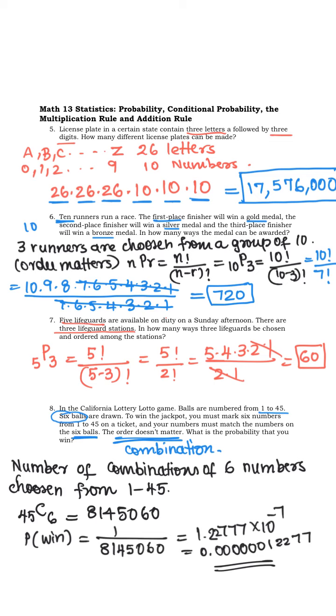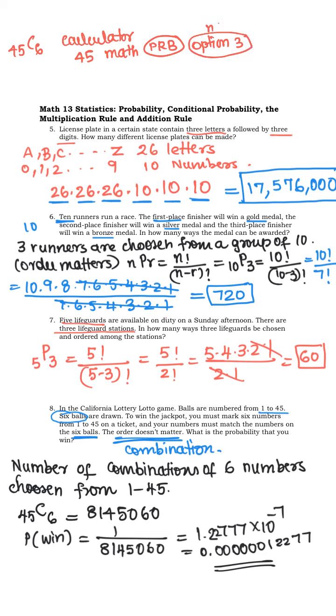If you want to find the value of 45C6 using the calculator, enter 45, then press math, and you can see the option PRB, select that, and then select option 3 for nCr.